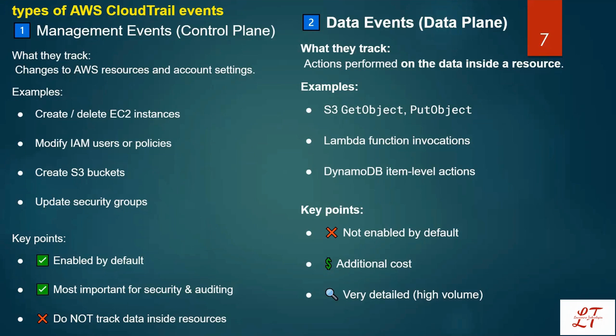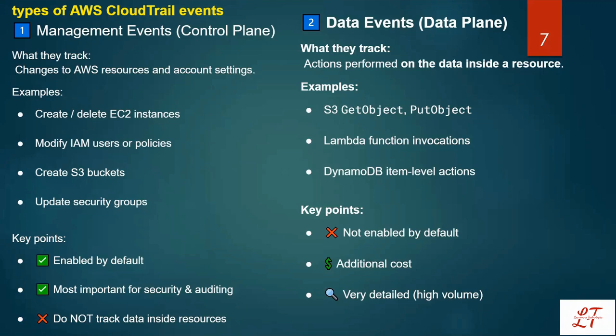The most important key point to understand is that it does not track data inside the resources. That's the main point of the management event. It's also enabled by default, and it is most important for security and auditing. The thing with management events is that they are free, no cost.